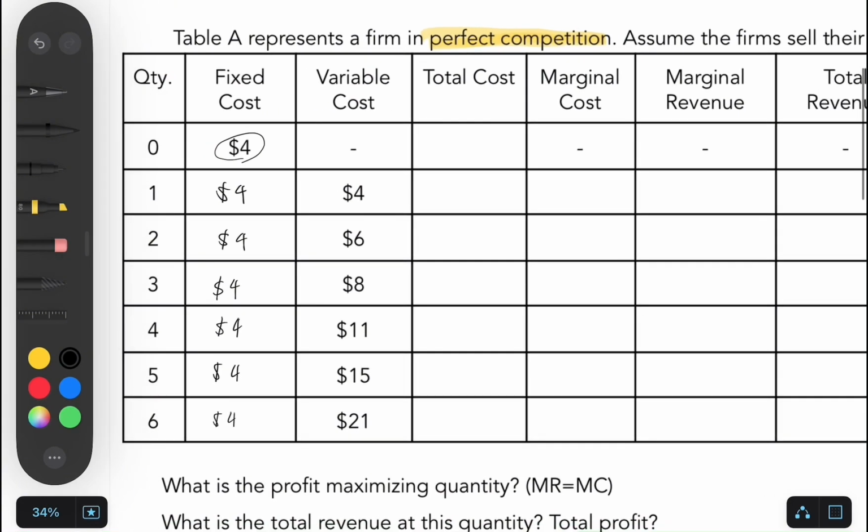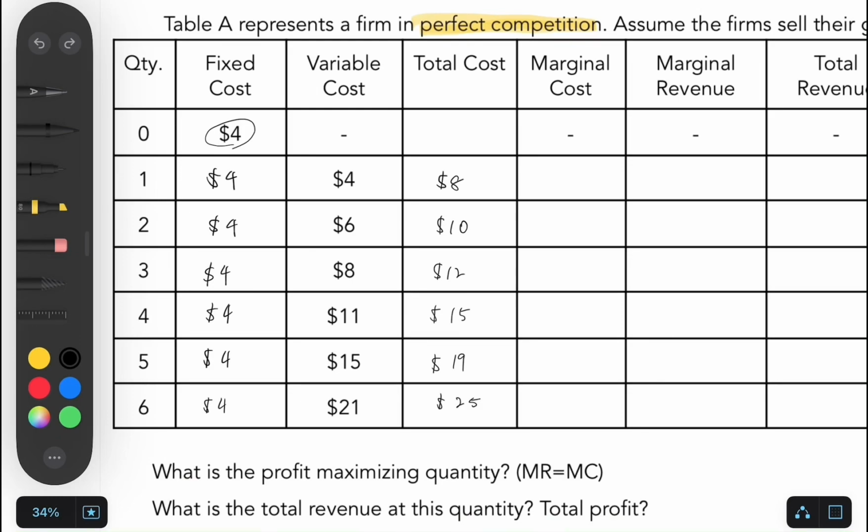And since variable cost is given, let's look at the total cost. The total cost is the fixed cost plus variable cost. And for quantity 0, there would only be a fixed cost, so the total cost would be $4 also. The marginal cost is the additional cost after each unit.